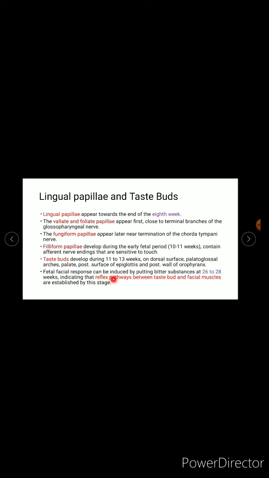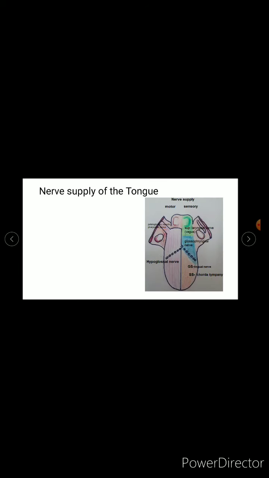Fetal facial response can be induced by putting a bitter substance at 26 to 28 weeks, indicating that the reflex pathway between taste buds and facial muscles is established by this stage.